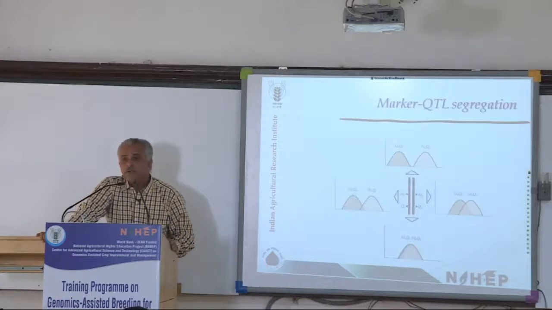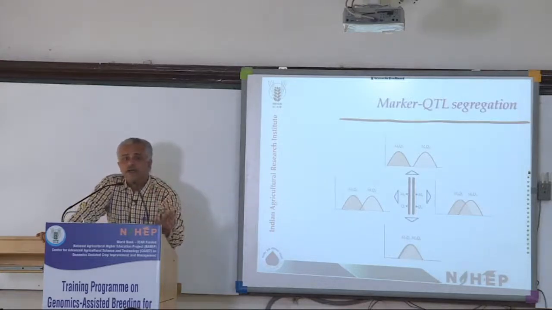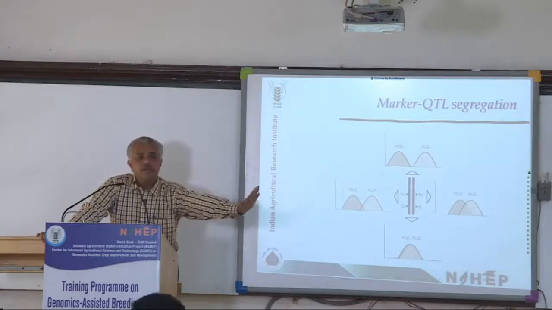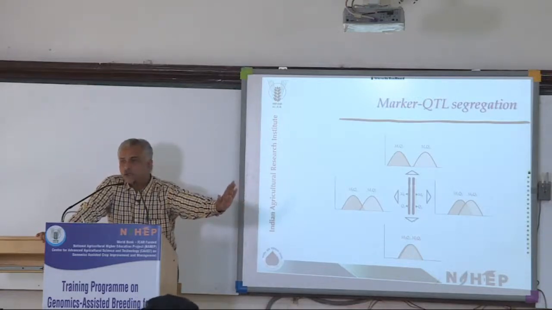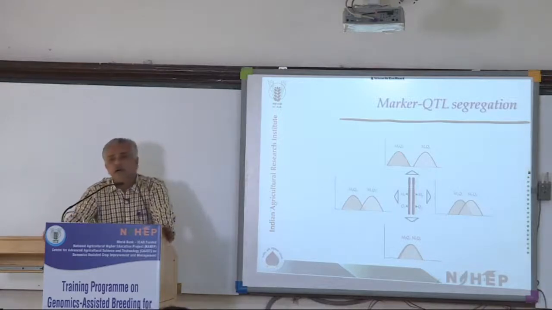Now, marker and QTL can segregate. The idea is to identify a marker which is placed close to the gene, or the QTL. Then what are the options of segregation?